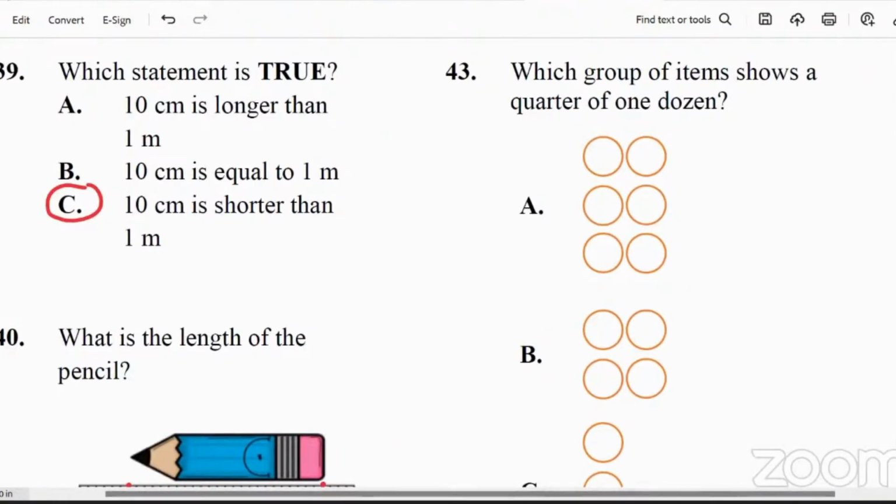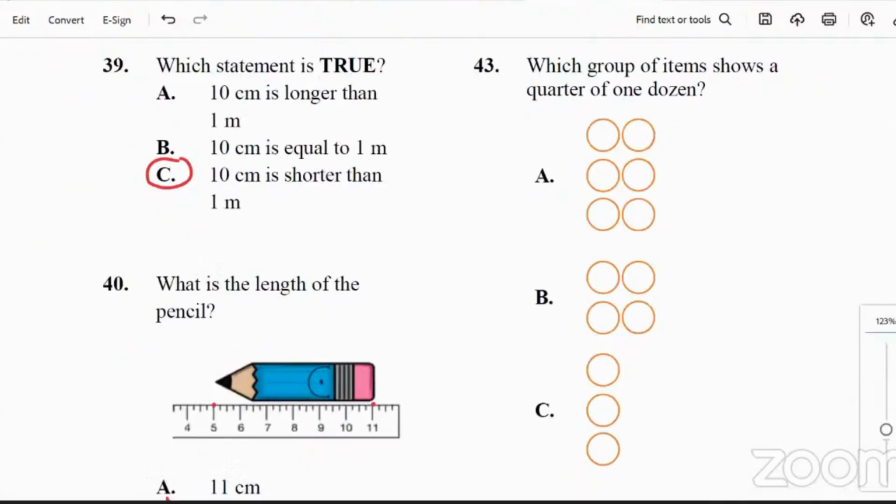Question 43. Which group of items shows a quarter of 1 dozen? What is a quarter of 1 dozen?